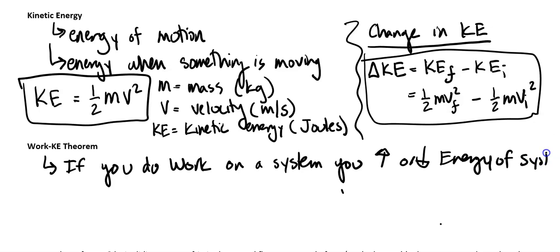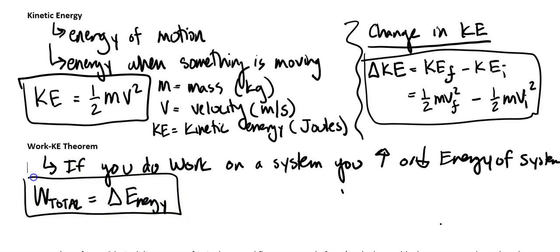And oftentimes we will deal with the kinetic energy increasing or decreasing. So we know that this is going to be the total work, because this is going to be equal to the change in energy. This is 100% true right here. Total work will always equal the change of energy.